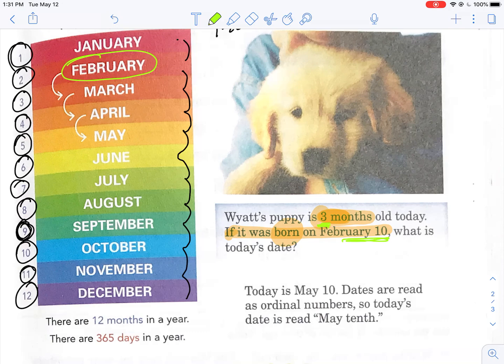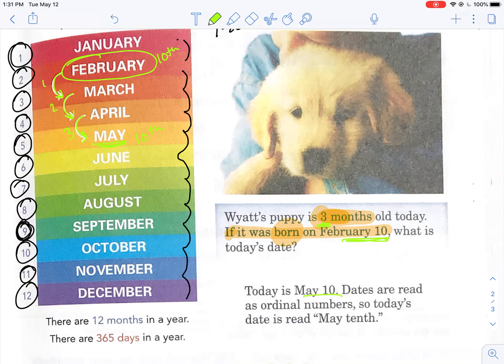That means the puppy was born 3 months ago. So February, 1 month. There's 1. 2 months. Makes it April. 3 months. So it's telling us that if the puppy was born February 10th, 3 months from that, February, March, April, May, today is May 10th. So today is May 10th.